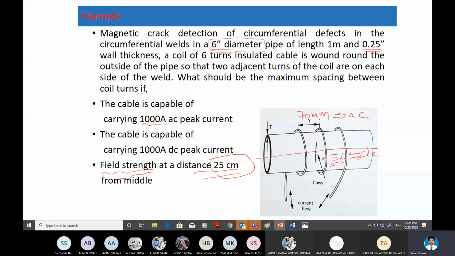This is the turns. If you take 25 centimeter, for example, how much is the total length? 1 meter is the length. So 25 centimeter here and 25 centimeter here.